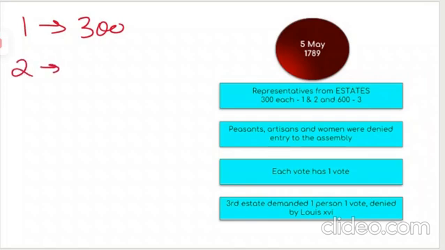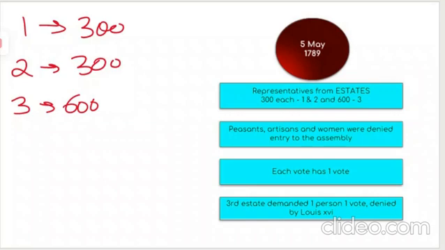From the second estate, the nobility, again 300 members came. And from the third estate, the peasantry, 600 people came. Now what was the problem here? The thing was that there were three things, correct?